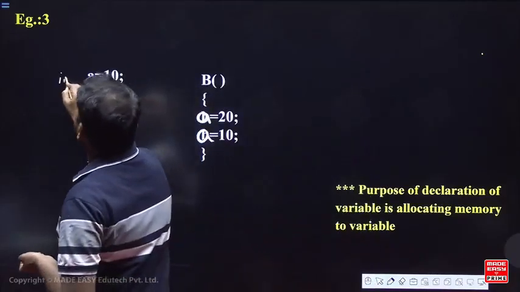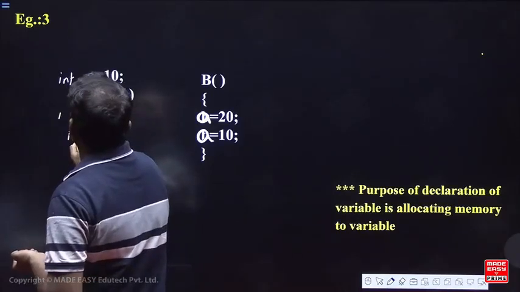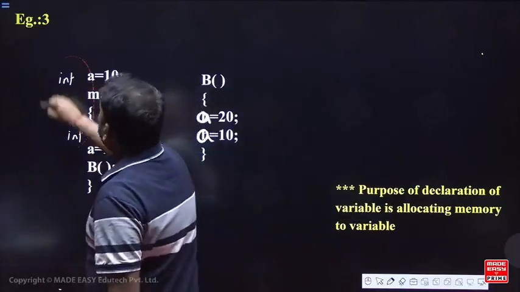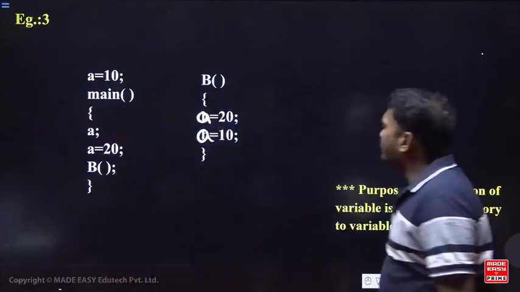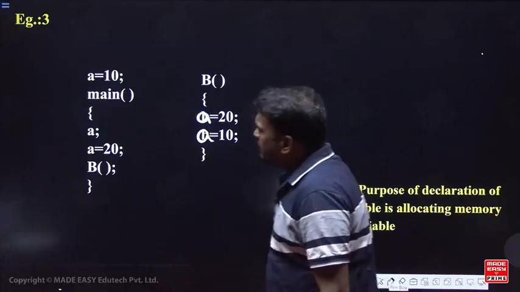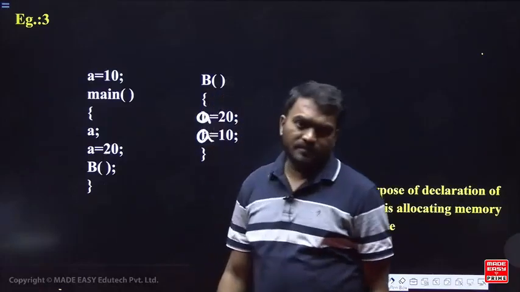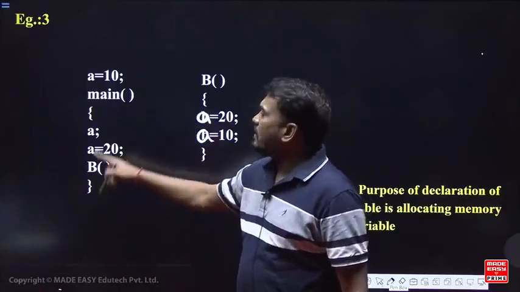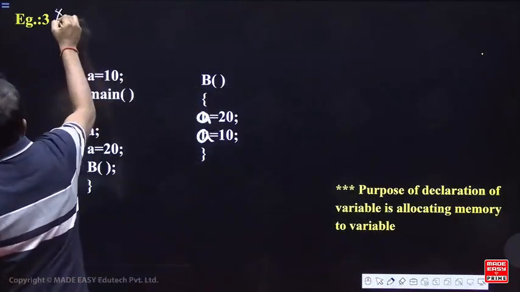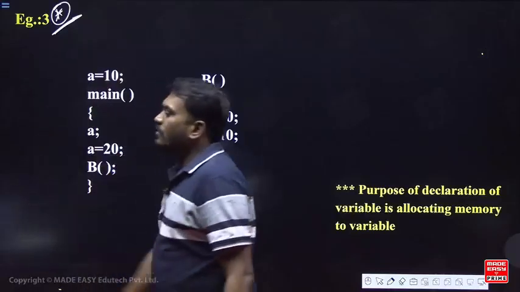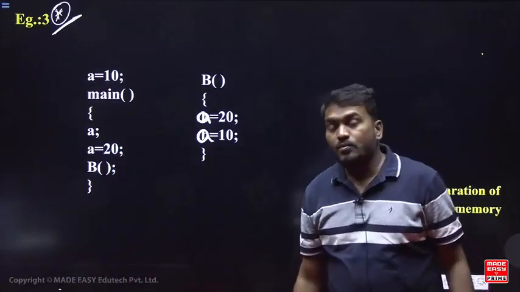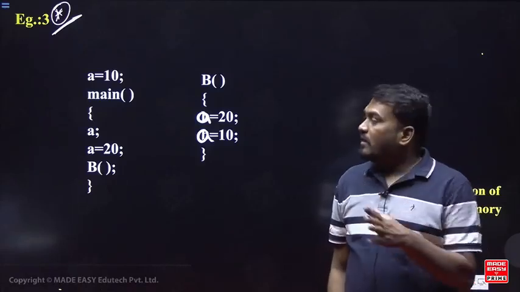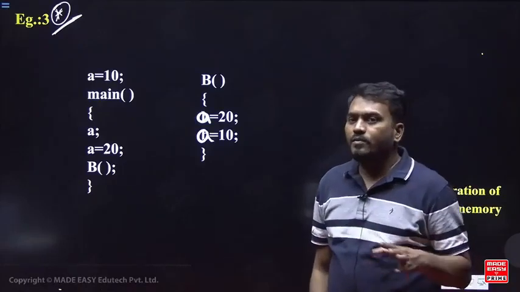Here there is no integer, here also there is no integer. So in this case, you need to understand meaningfully what is the declaration, what is the initialization, what is both, and what is assignment. This example is important. Remember, this is not an executable program, this is pseudo code. Along with whatever program is given, accordingly you have to understand.